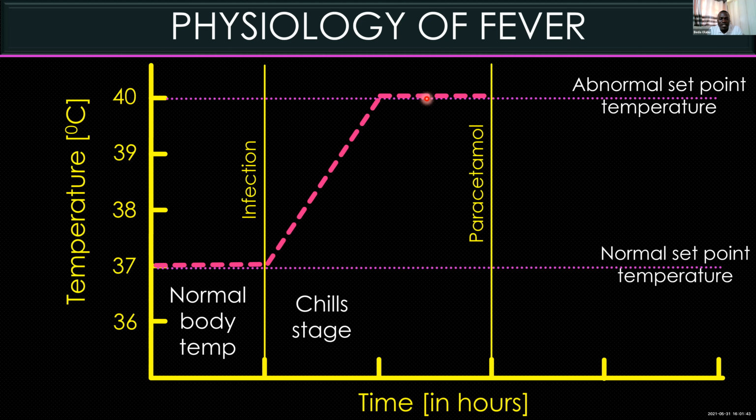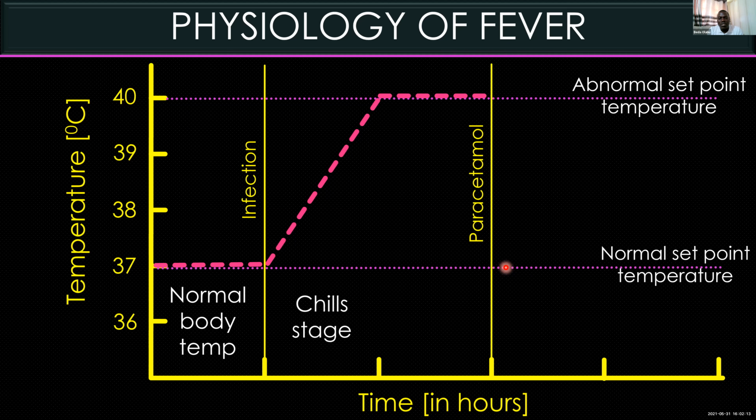What exactly does paracetamol do? Paracetamol actually resets the abnormally set point temperature. It resets it to the normal one. So yes, it was abnormally reset at 40. Now paracetamol returns the set point temperature in the hypothalamus to 37.0.